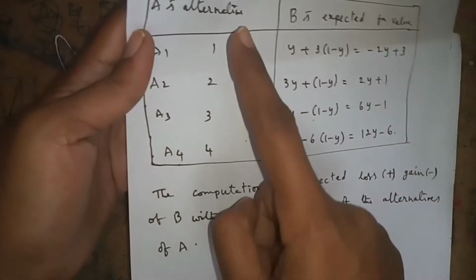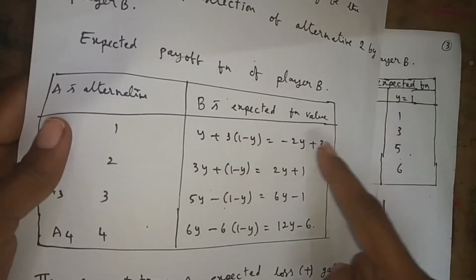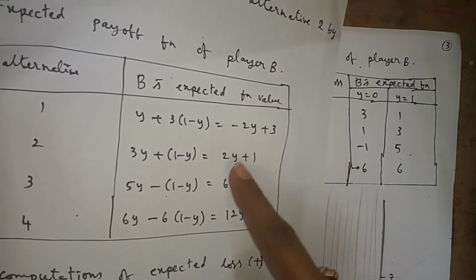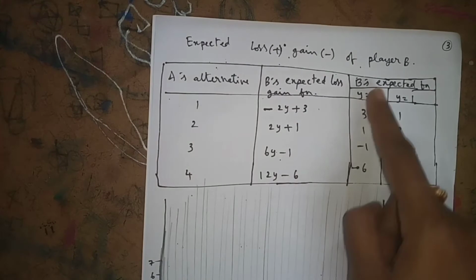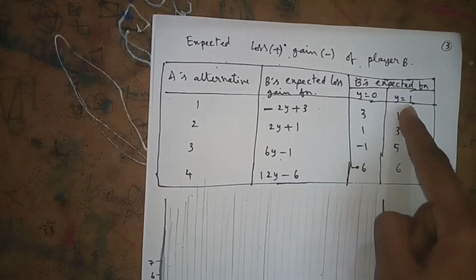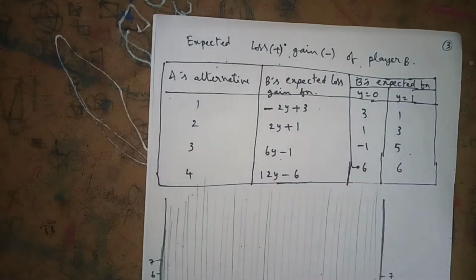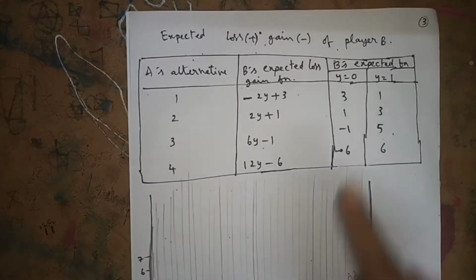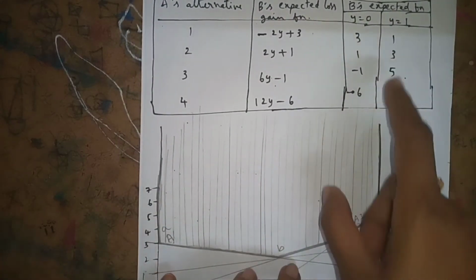The alternatives of A are 1, 2, 3, 4. B's expected values are minus 2y plus 3, 2y plus 1, 6y minus 1, 12y minus 6. Again, when y is equal to 0, how much? When y is equal to 1, how much? All the values we have to find. After finding all the values, using these values only, we have to draw the graph.